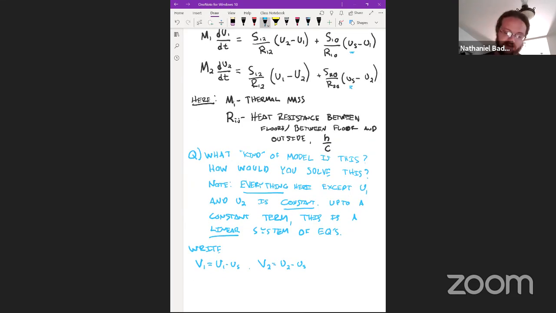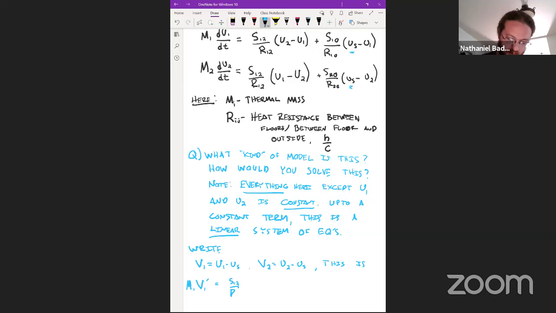Then we can write this. Well, since U_S is constant, dV is just dU, and this is exactly going to be what? V prime, I'll include the M1 here. So we've got U2 minus U1. Well, V2 minus V1 is U2 minus U1 because the U_S cancels.